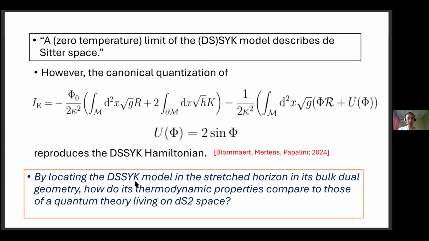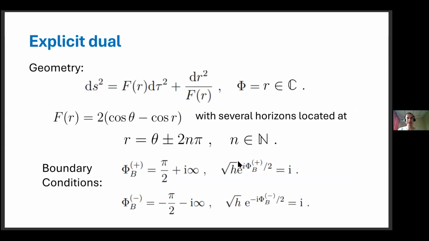So the question for us is how to reconcile these two pictures, and whether, when you locate the double-scaled model at a stretched horizon in the holographic dual, we can recover thermodynamic properties similar to those of dS space. We also studied the quantum information ones, but we will not go into those.